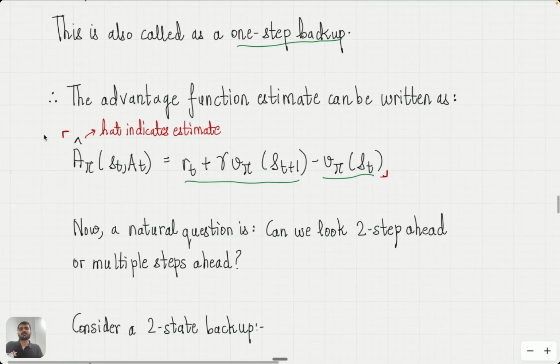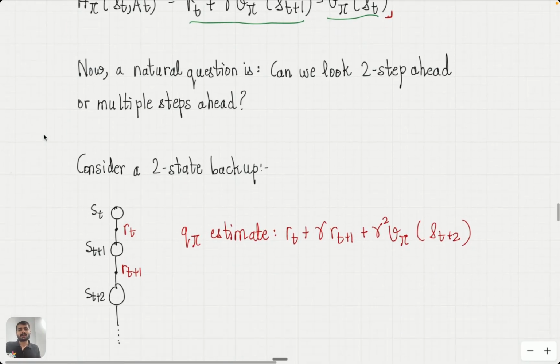Let's consider a two step backup and see how that will look. So, a two step backup looks something like this. You start from state st, and then you take an action, you go to state st plus 1, you take another action and you go to state st plus 2. Now, on the way, you receive two rewards, rt and rt plus 1.